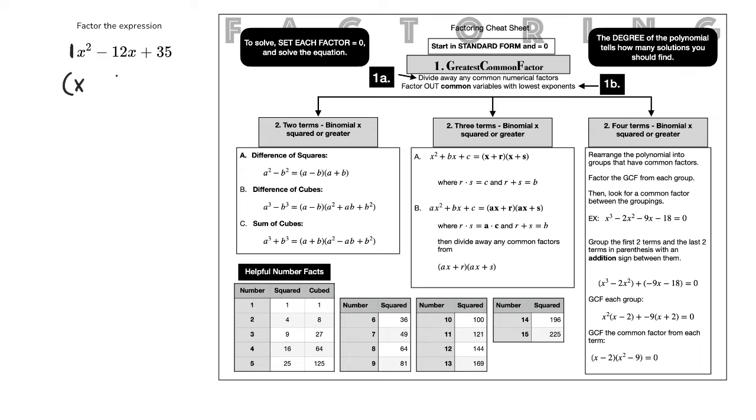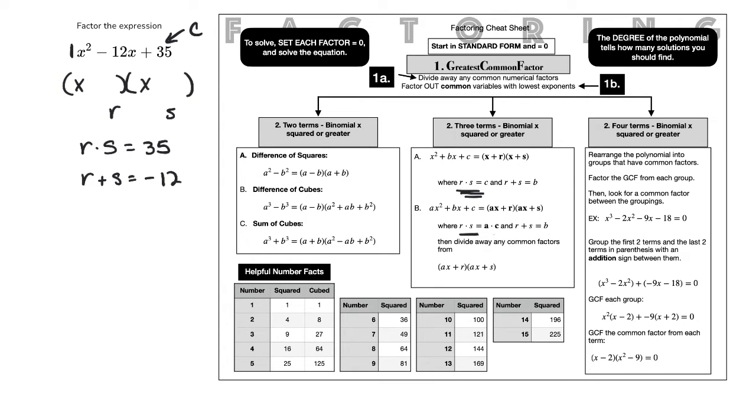But r and s have some restrictions on them. r times s has to equal c, so that's 35, and r plus s has to equal b, which is negative 12.